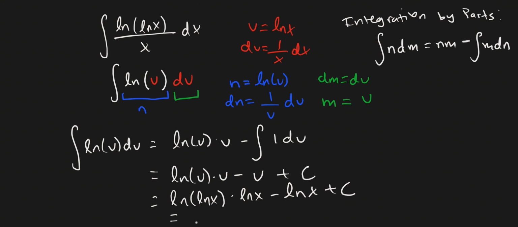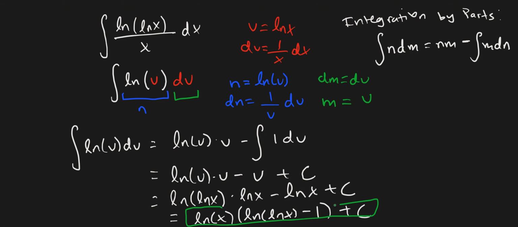We can simplify this by taking out a natural log of x, multiplied by the natural log of x minus 1, plus c. This didn't really simplify it much, but it's another way we can rewrite the antiderivative of this function.